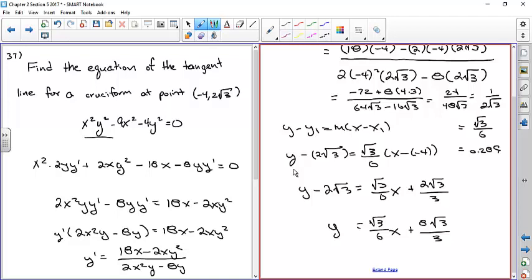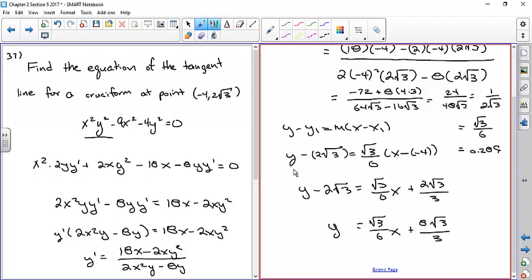Okay, so let's look at the handout. So the first one, the question may be, do I have to use the quotient rule, or can I do something else?